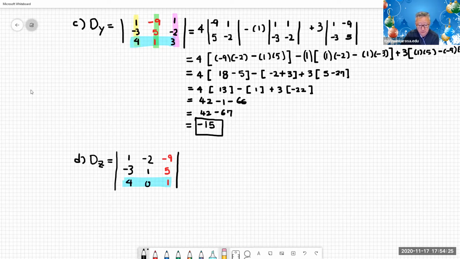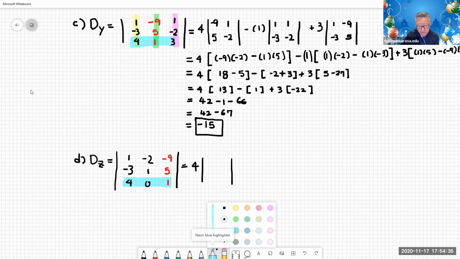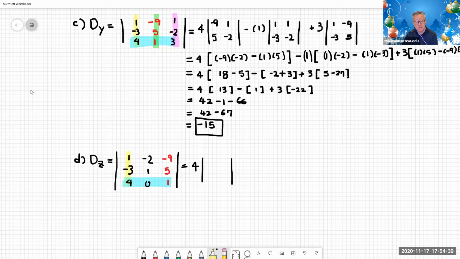Now that means you get 4 times, so we're going to have to block the first column right here, and whatever is remaining, the unshaded area, is going to be minus 2, minus 9, 1, and 5. Then you got minus 0.